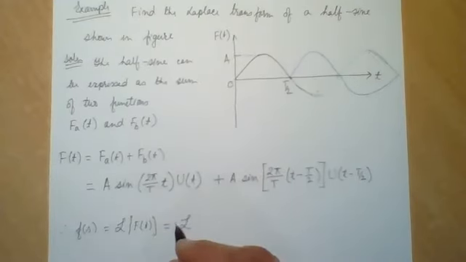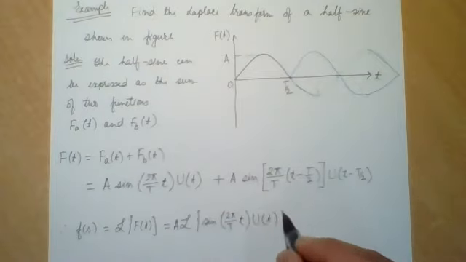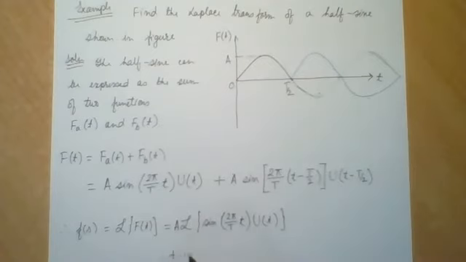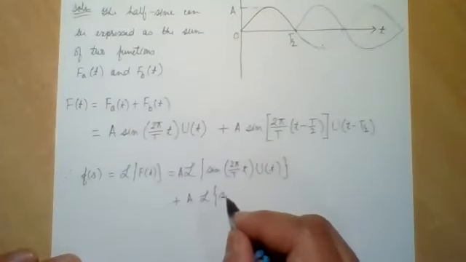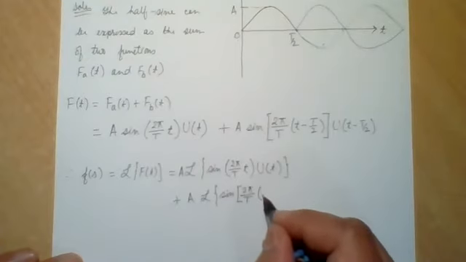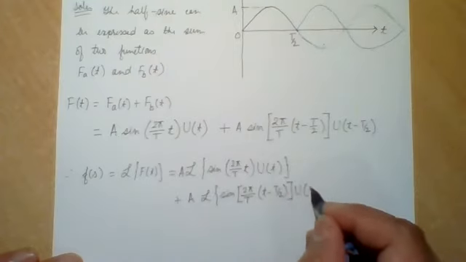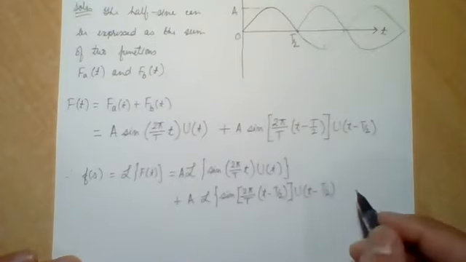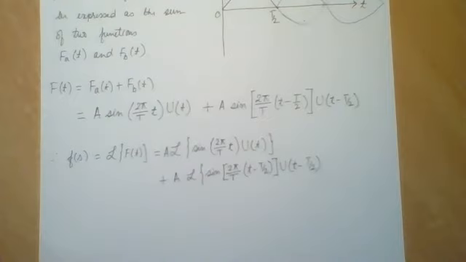A is a constant, it can be taken outside: Laplace transform of sine 2 pi by capital T times t, u of t, plus A times the Laplace transform of this term, sine 2 pi by T, small t minus capital T by 2, u of t minus capital T by 2. This is fine.